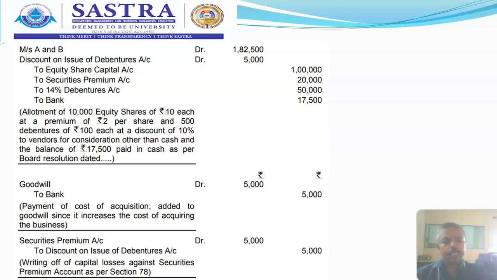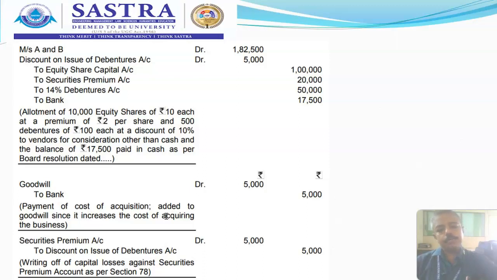Next, second journal entry. So what are the assets and liabilities that are realized for the next journal entry to be posted? Yes, one is the bank account, which is realized: bank account debited rupees 29,000. Bills receivable account debited rupees 13,000.